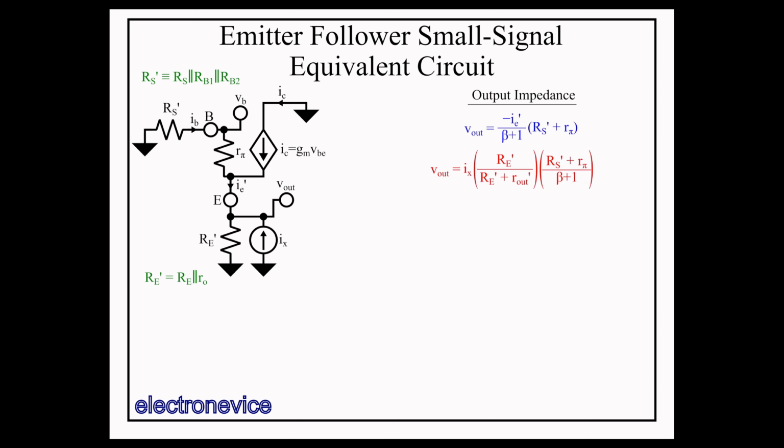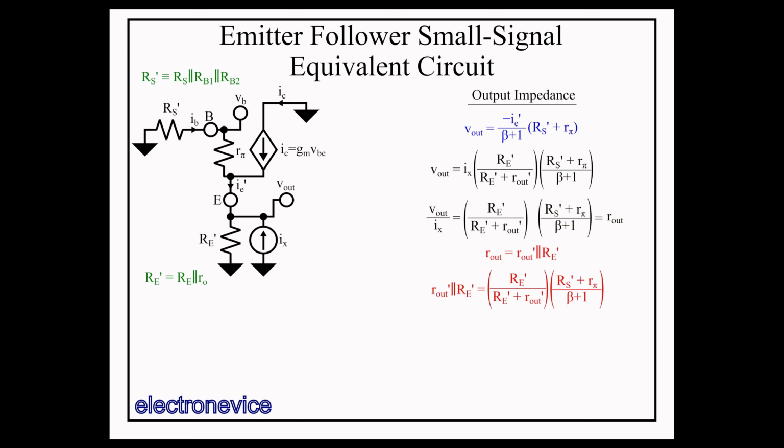Then we substitute in our expression for negative IE' we got from the current divider before, and now we have an expression for Ix in terms of Vout and known constants, except for Rout', which is still an unknown in there. So we divide both sides by Ix to get Rout on one side of the equation. Now we recall that Rout is equal to Rout' in parallel with Re', which we then substitute in for Rout in the equation above.